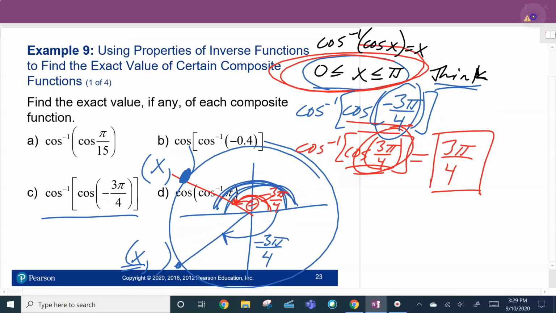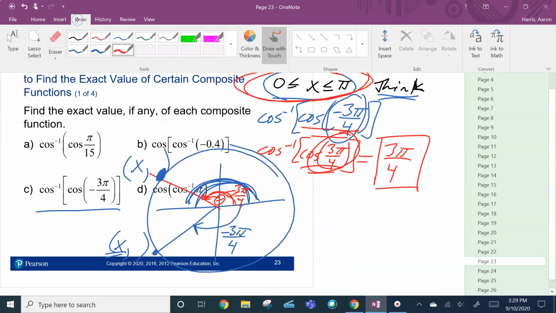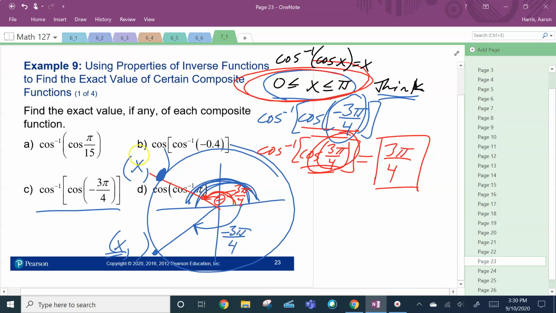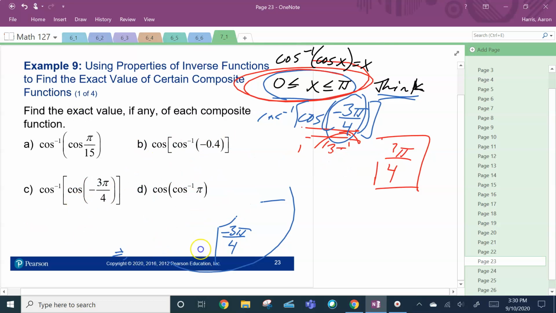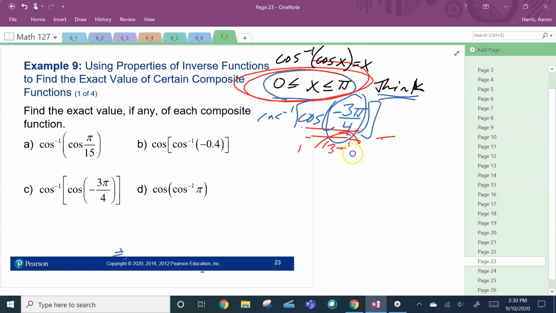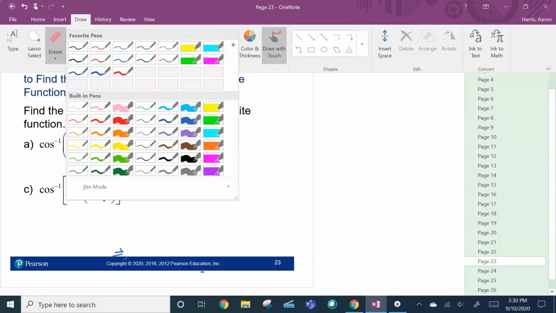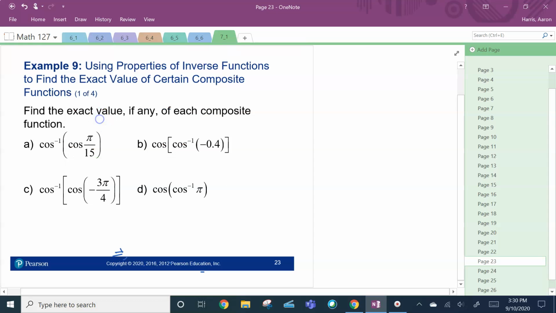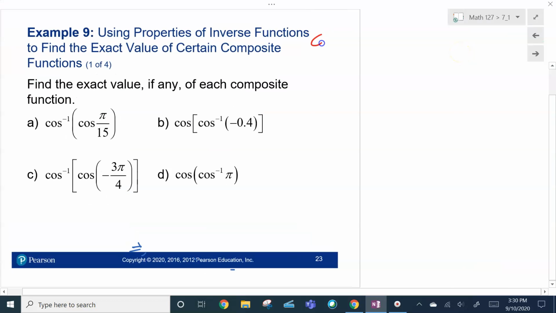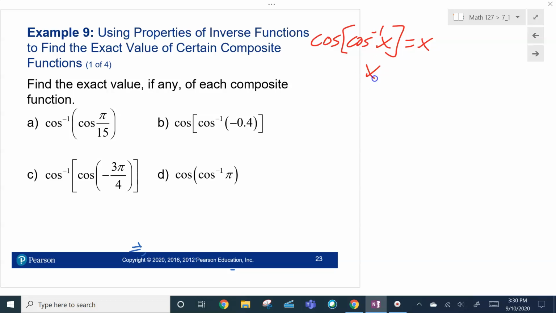All right, let's do B now, and D. Alright, so the cosine of the arc cosine of x, yes, it is x, as long as it's between negative 1 and 1.